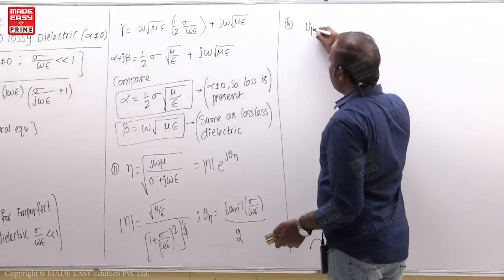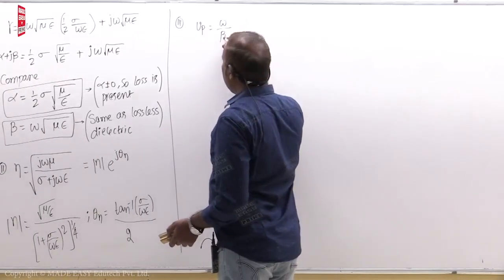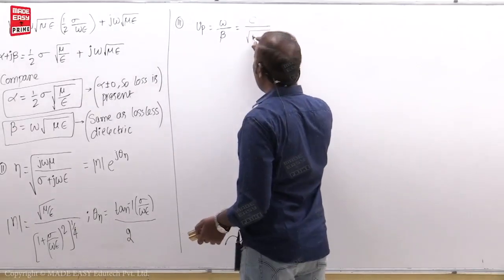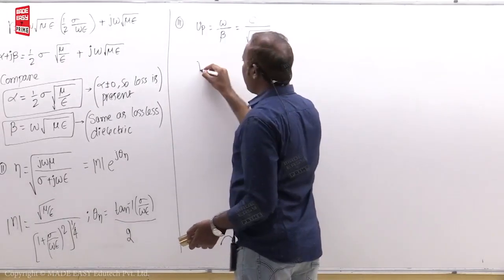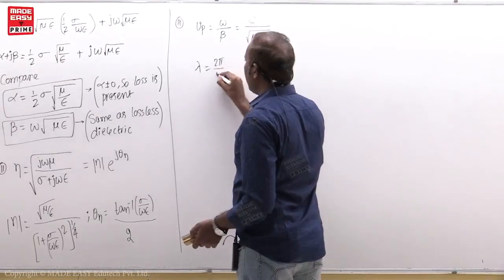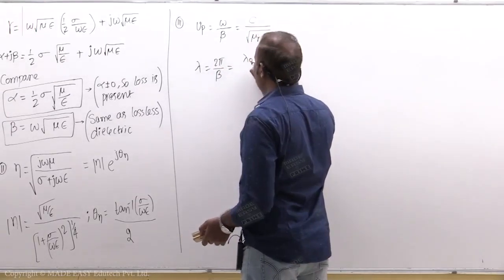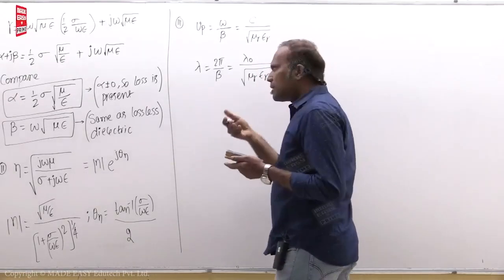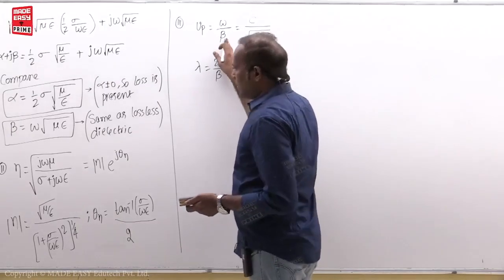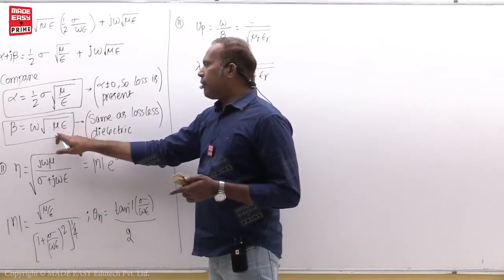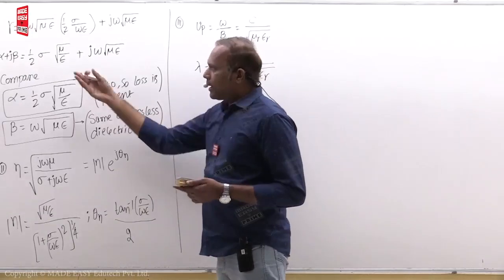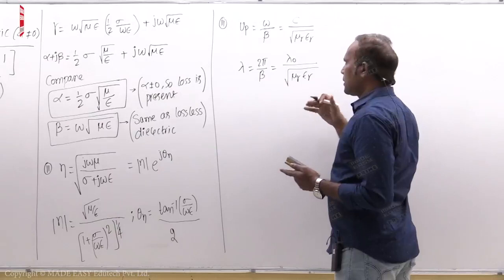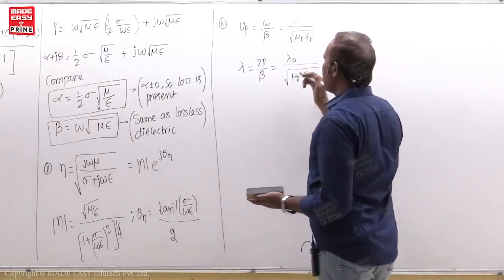So phase velocity is equal to omega by beta, that is equal to c by root mu r epsilon r, and lambda is equal to 2 pi by beta, that is equal to lambda not divided by root mu r epsilon r. I was telling you beta is same for lossless dielectric and lossy dielectric also. That is why phase velocity and lambda formulas are same as lossless dielectric.